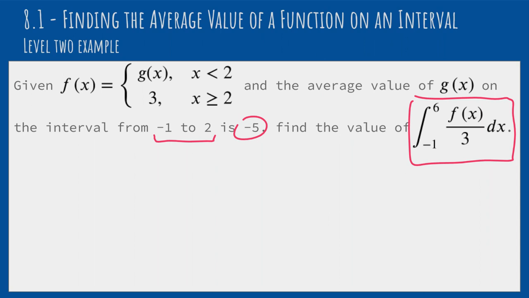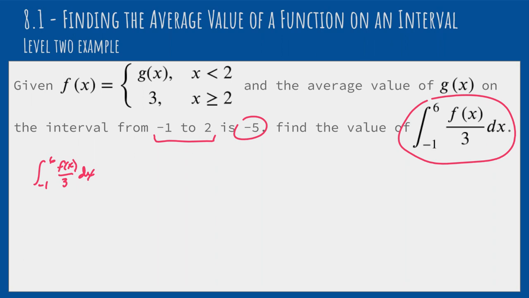So the first thing I'm going to do is start with this integral right here, and start evaluating what I can with that, and then we'll use the other information that we're given as we need it. So the integral from -1 to 6 of f of x over 3 with respect to x, I'm going to do two things here. That 3 in the denominator is just a constant that can go out front. That's the constant multiple rule, so I'm going to put the 1/3 out front.